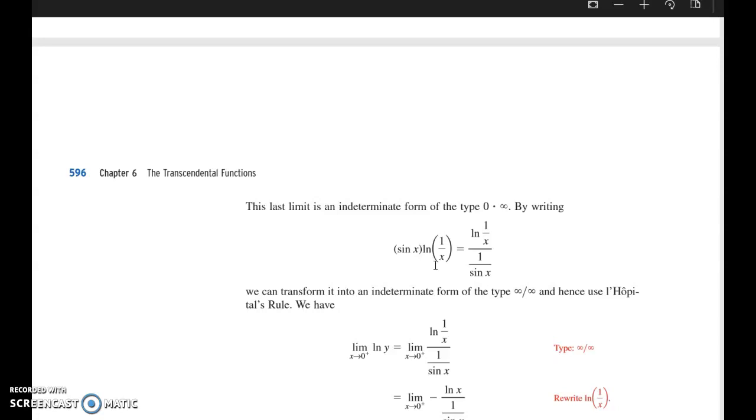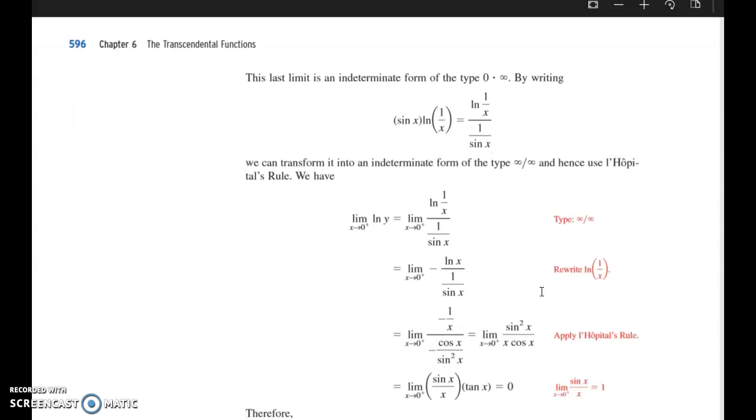For this type, I can write sin x into log 1 by x as log 1 by x divided by 1 by sin x. So this is of the form log 1 by x as x tending to 0 is log of infinity, which is infinity, over infinity. So this is infinity by infinity form.